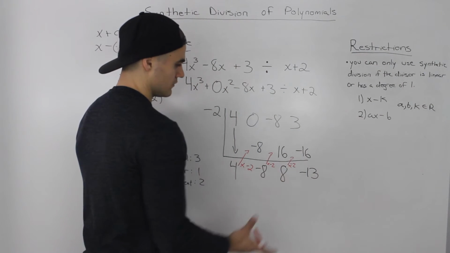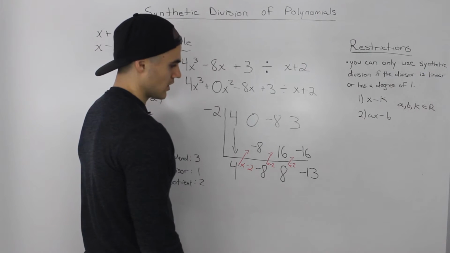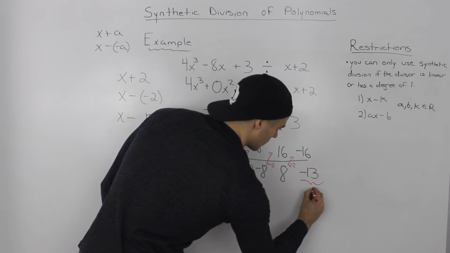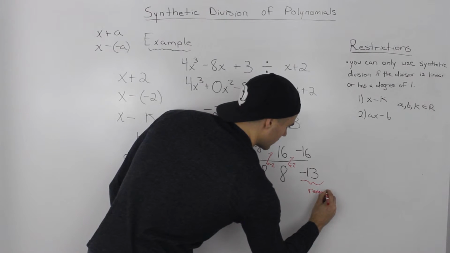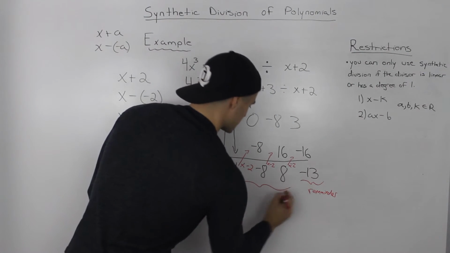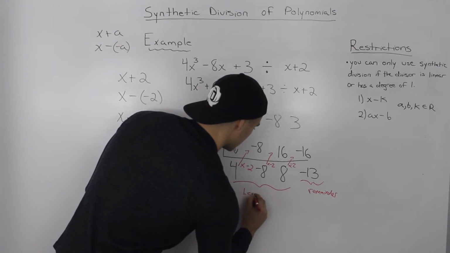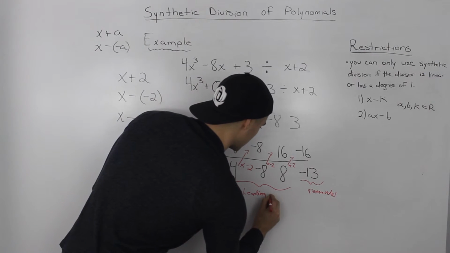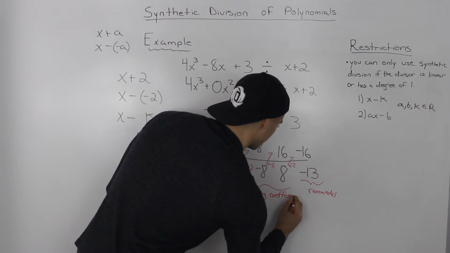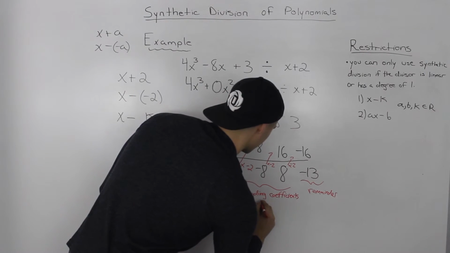So what do all of these numbers here represent that we got? Well, remember the last number is going to be the remainder. And these numbers here are the leading coefficients of the quotient.